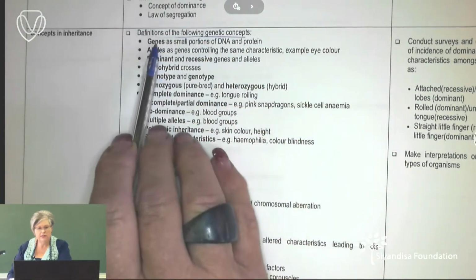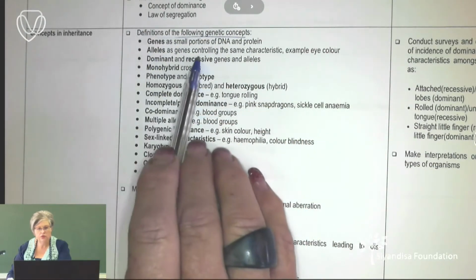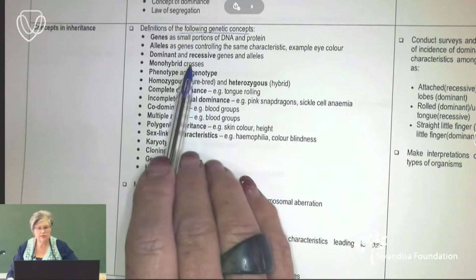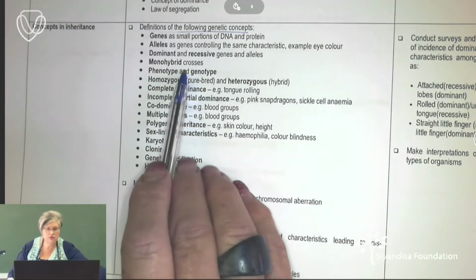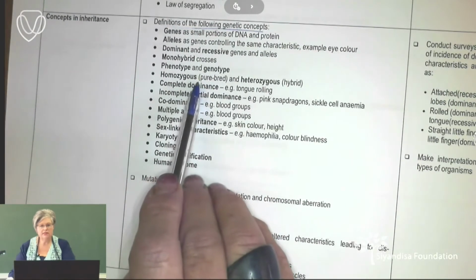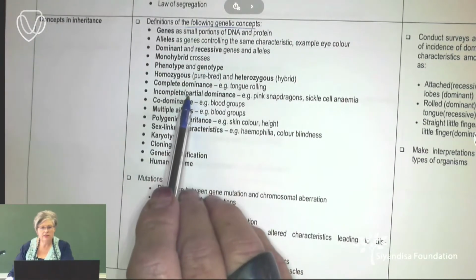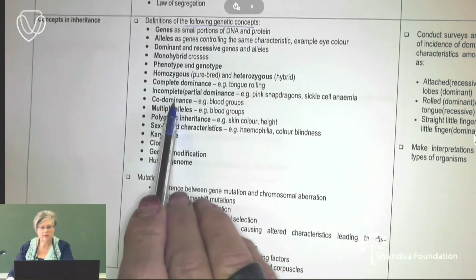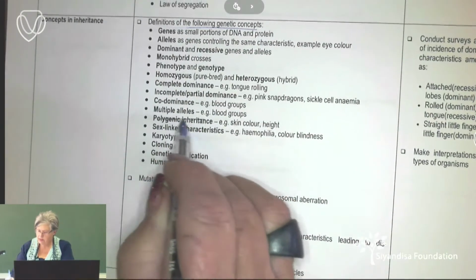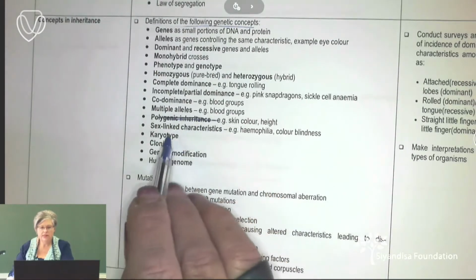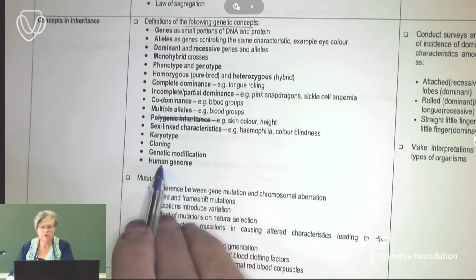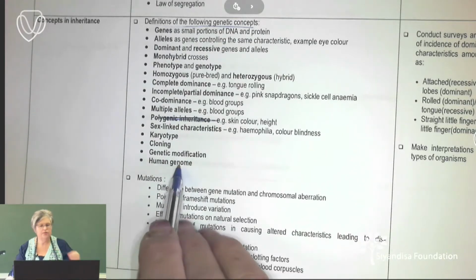We must know what is a gene, what is an allele, what are dominant and recessive alleles, what are monohybrid crosses, what is phenotype and genotype, what is homozygous and heterozygous, what is complete dominance, incomplete dominance, codominance, multiple alleles, polygenic inheritance is out, sex-linked characteristics, karyotypes, cloning, genetic modification, and the human genome.